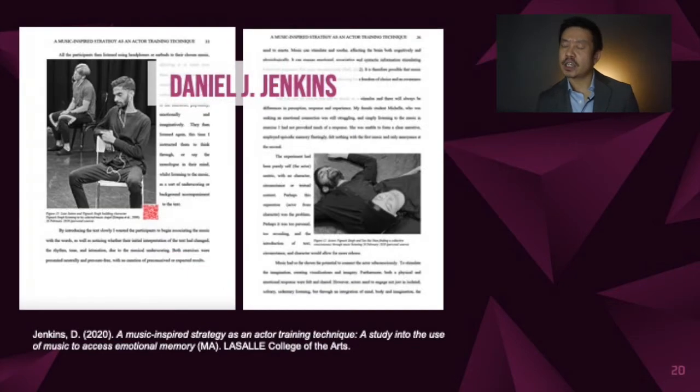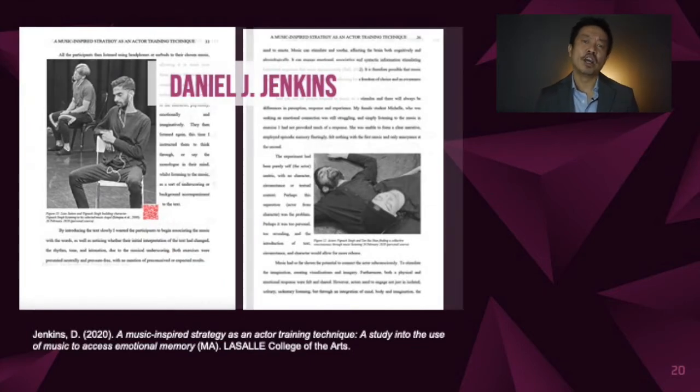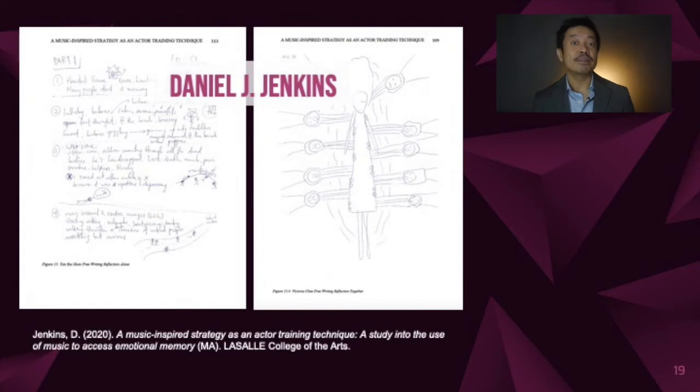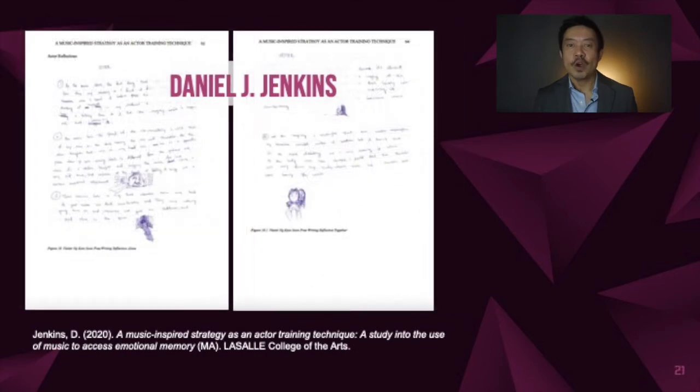His data collections included audio, video, recordings, reflections, free writing, drawings, interviews, and many more. So cycle 1 sparked interesting findings about episodic memory, about narratives, about emotional associations with certain types of music.